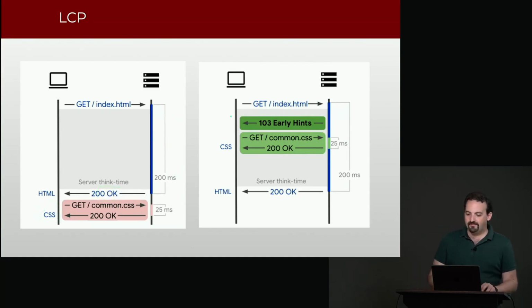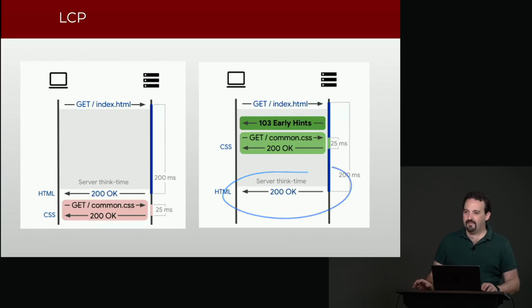With early hints, I ask for index.html, and the server immediately, without waiting, responds with 103 and the hints, like you will need a CSS, so go and request that in the meantime. So while the server is working on the final response, we can take advantage of the bandwidth to download the CSS, and over the same connection, then we get the file.